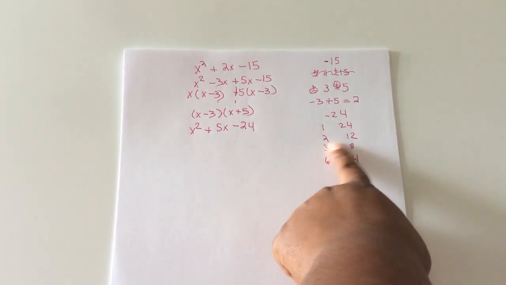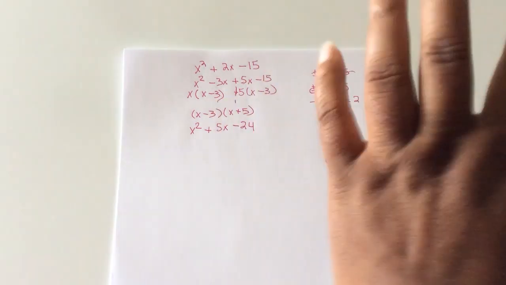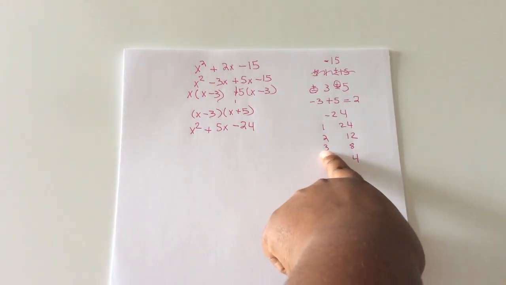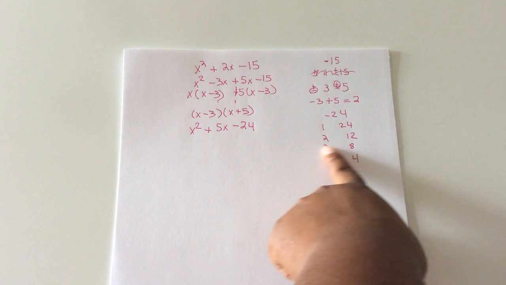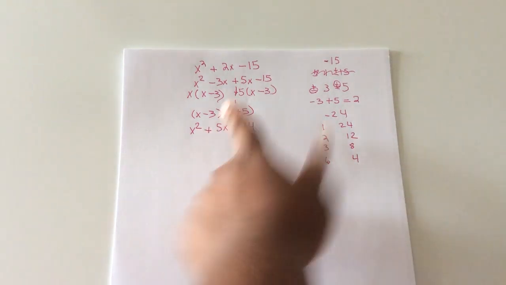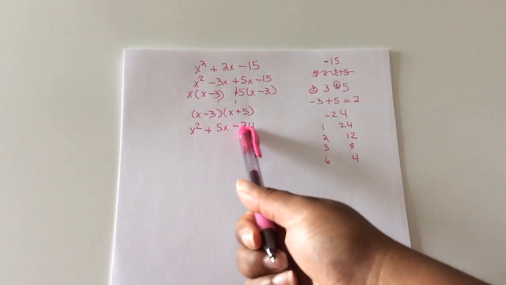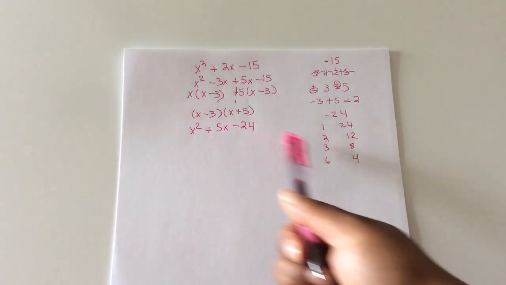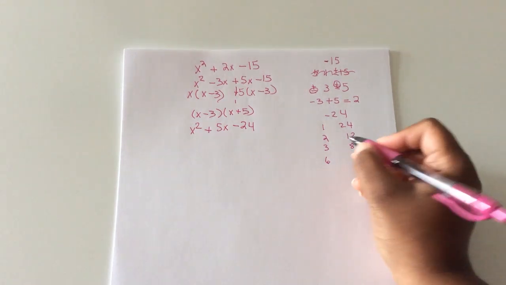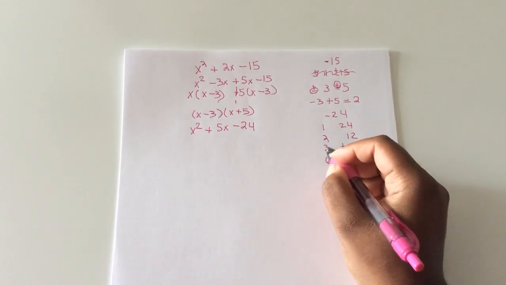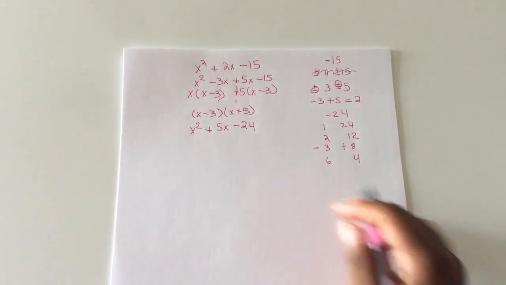The difference between 2 and 12 is 10, that won't work. But the difference between 3 and 8 is 5, which is what we want. Now we need to know which is positive and which is negative. As I said before, the bigger number is going to be our positive number and the smaller number is going to be our negative.